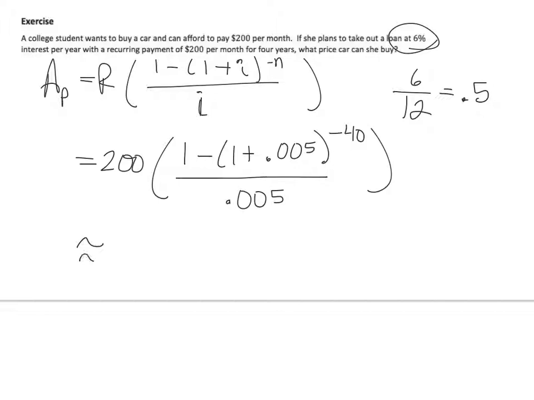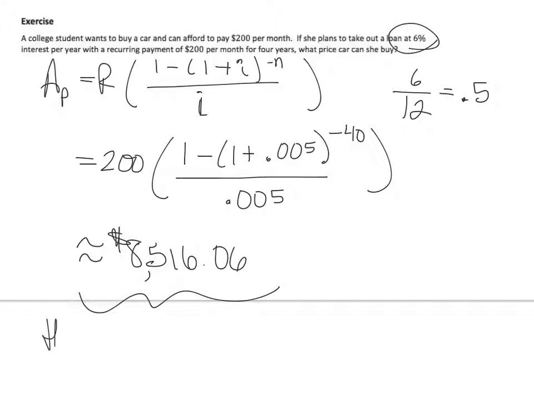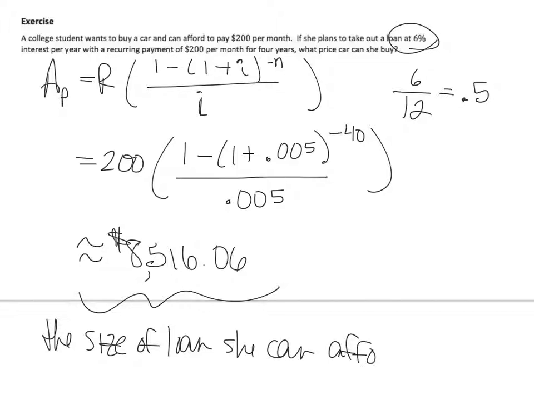If I crunch all those numbers, I get 8,516 and 6 cents. So she can afford to take out an $8,516 loan. This is the size of loan she can afford. If she has no money for a down payment, she can afford a car that's about $8,500. If she had a down payment, it'd be nice, but if she doesn't, then that's about as much as she can buy a car for, right?